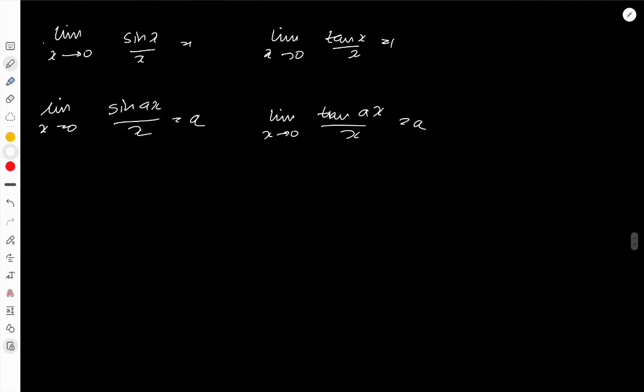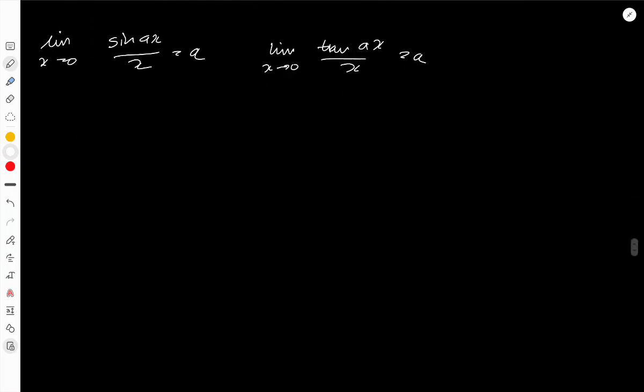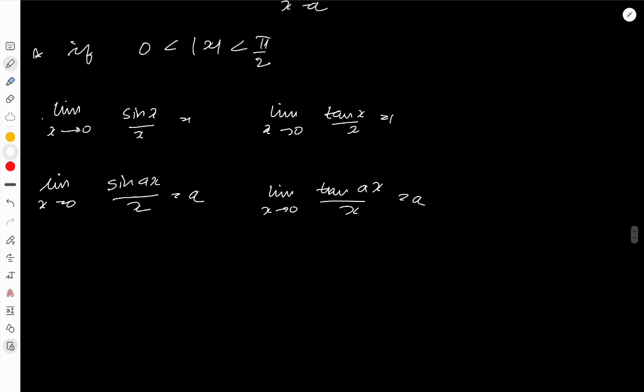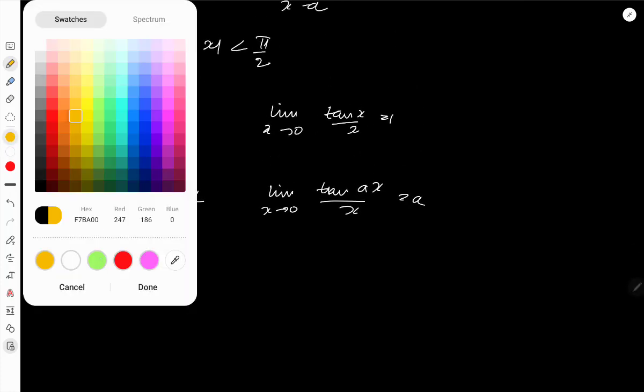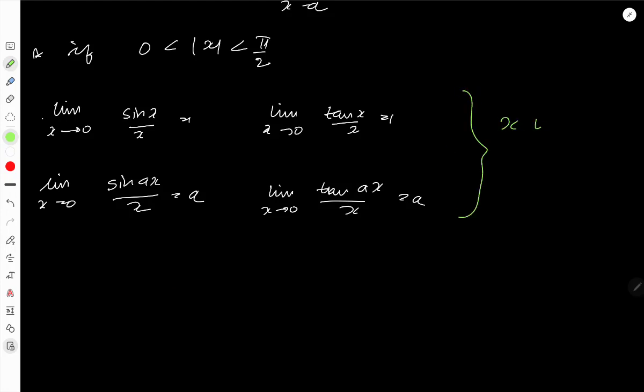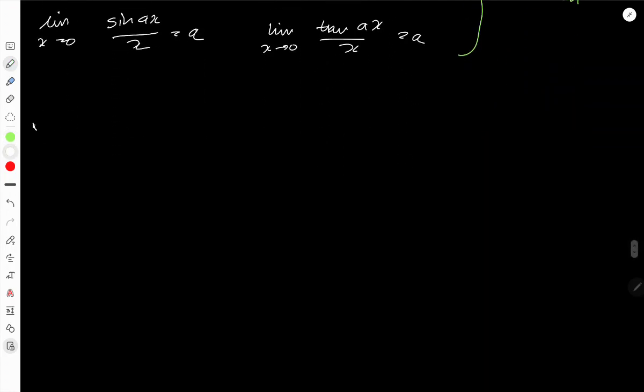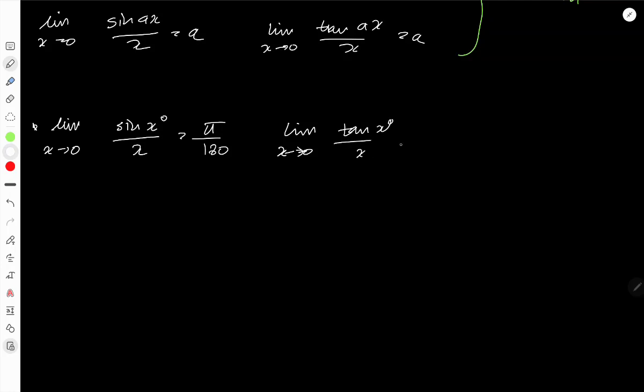And now the x given here is in radians. And if you want to write it in degrees, then limit x tends to 0 sin x in degrees upon x is pi by 180, and similarly limit x tends to 0 tan x in degrees upon x can be written as pi by 180.